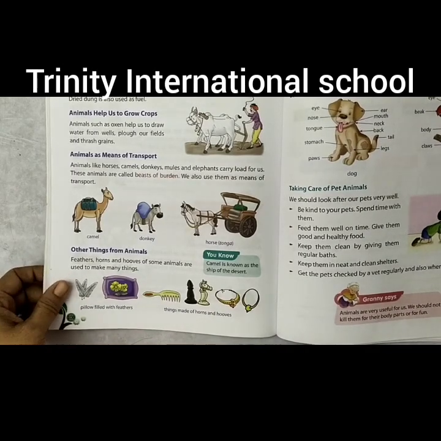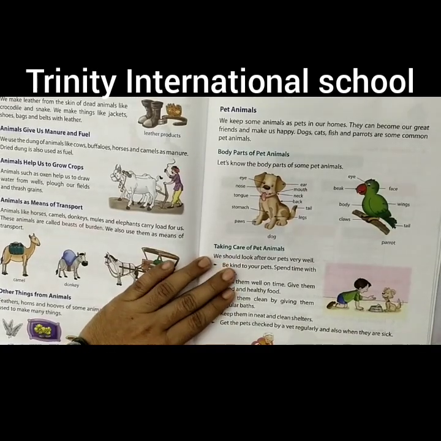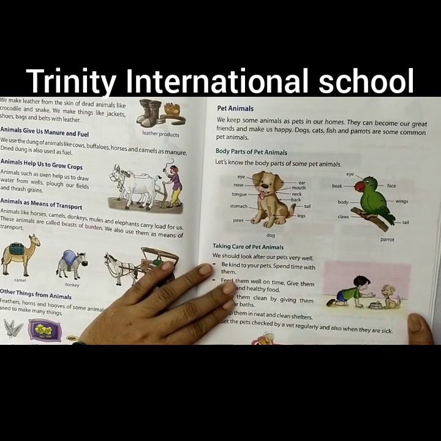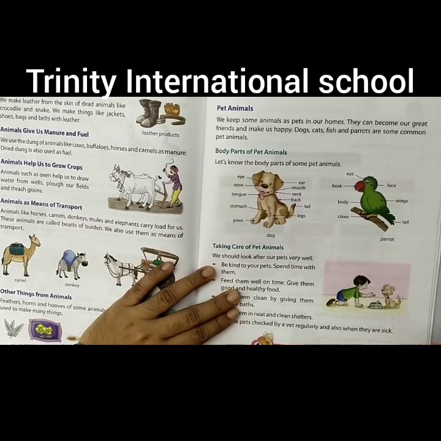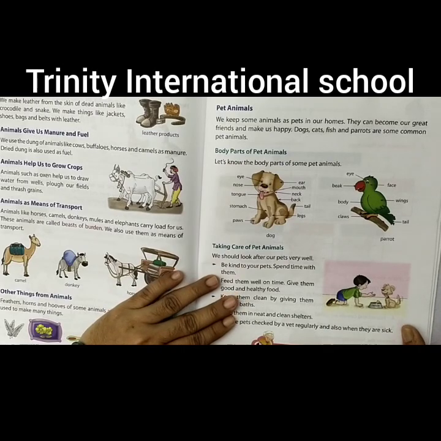Then we will talk about the pet animals. Now you know that the pet animals are the animals that we keep usually at our home. So why these pet animals are kept? Because they become our great friend and they make us happy.